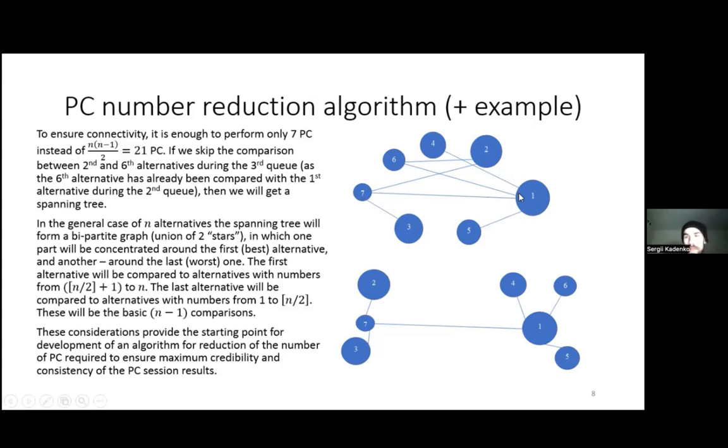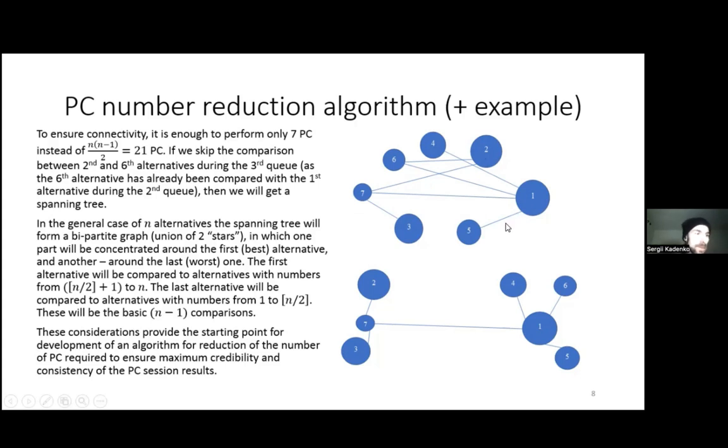The second queue will include comparisons of alternatives 1 and 6, 2 and 7. The third queue will include comparisons of alternatives 1 and 5, 2 and 6, 3 and 7. The fourth queue, comparisons of alternative 1 and 4, 2 and 5, and so on and so forth.